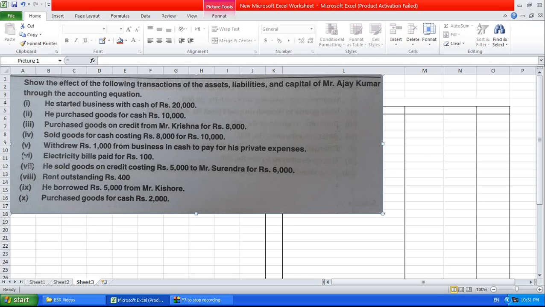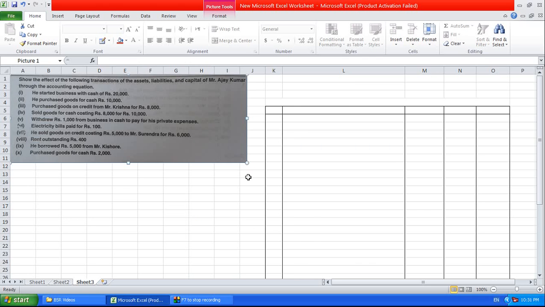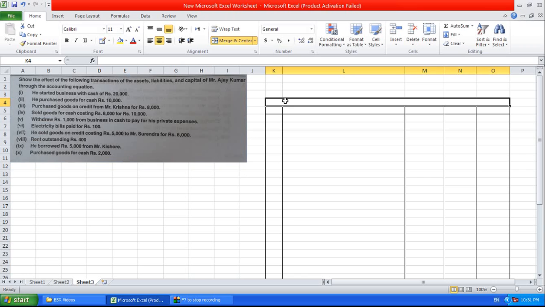Now let's see how these entries will affect the accounting equation. First, we have to write the accounting equation. What is the accounting equation? How can we write it?